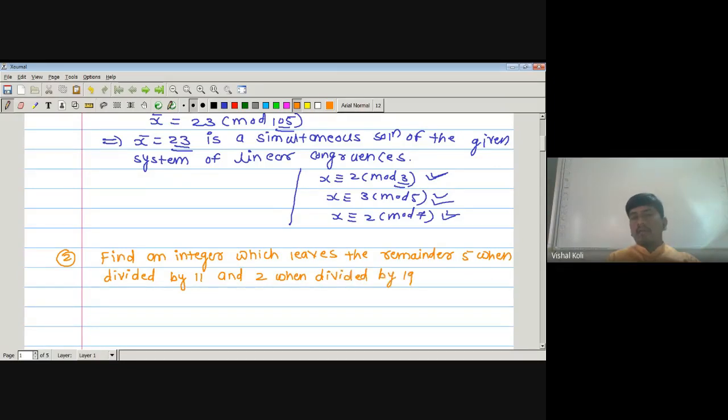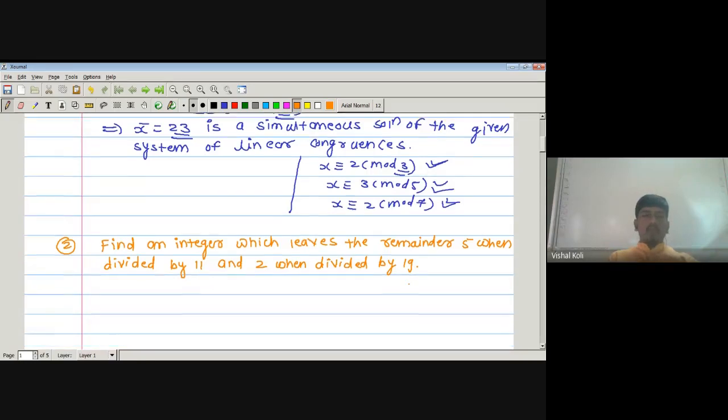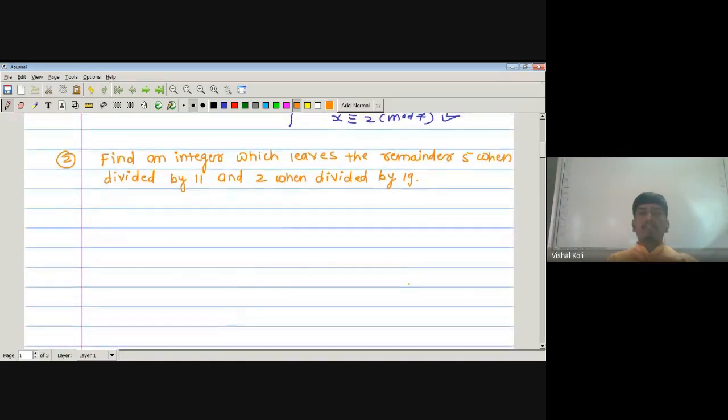Okay, so here we have to find one integer which leaves the remainder 5 when it is divided by 11 and which leaves the remainder 2 when divided by 19.